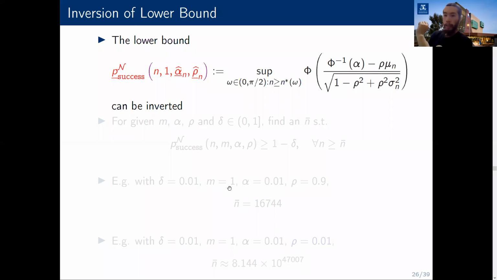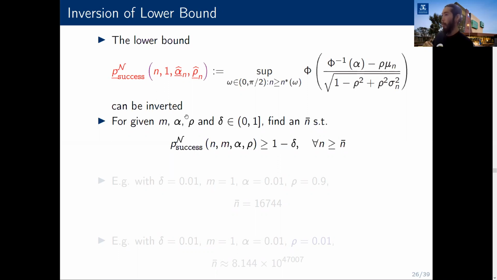Another thing we can do with this lower bound is invert it. What I mean by that is, suppose we're given all the other values and we want to find a value of the sample size n bar such that for all n greater than or equal to n bar, the success probability is at least 1 minus delta. So it's some high probability.